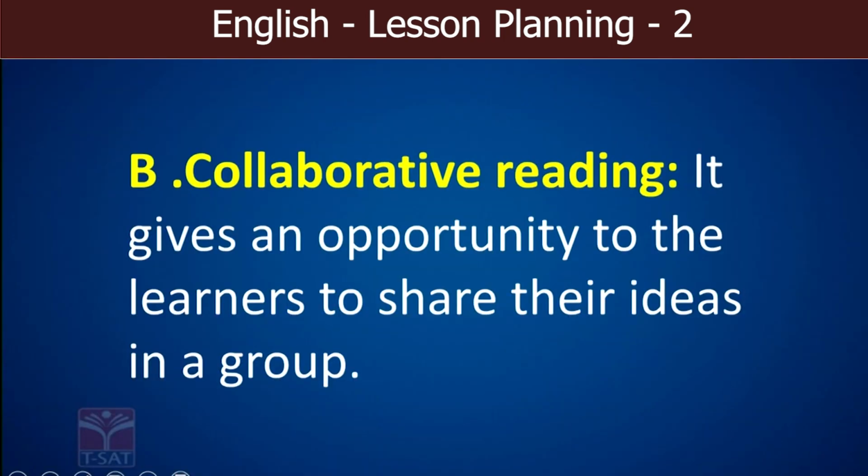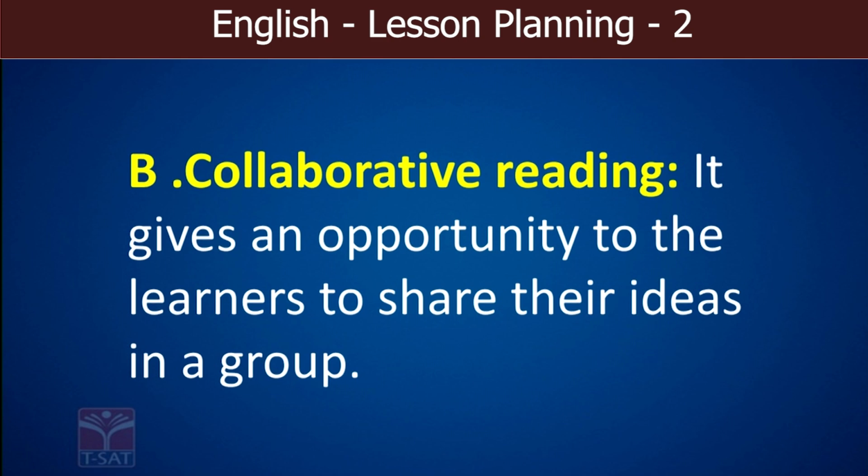The next is collaborative reading. It gives learners an opportunity to share their ideas in a group. Individual reading gives an opportunity to only one particular learner, whereas collaborative learning is an opportunity for all the learners.